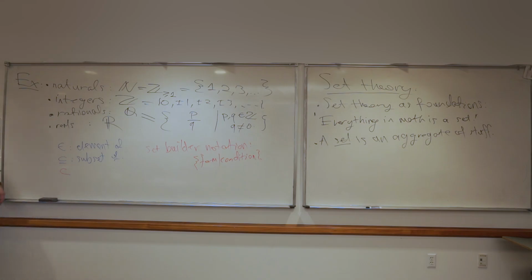The reason is that I'm imagining this subset symbol as similar to the less than or equal to symbol for numbers. We're going to talk about the nature of this analogy later.